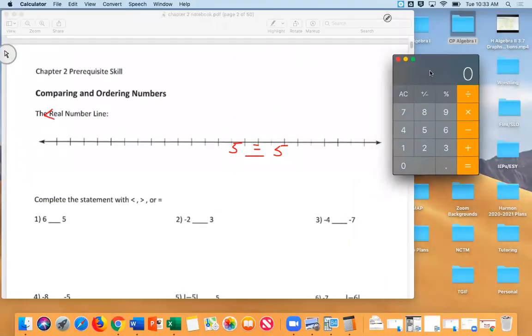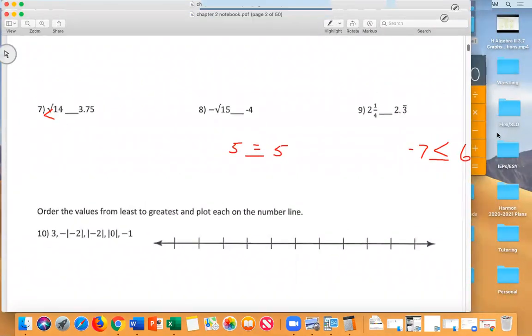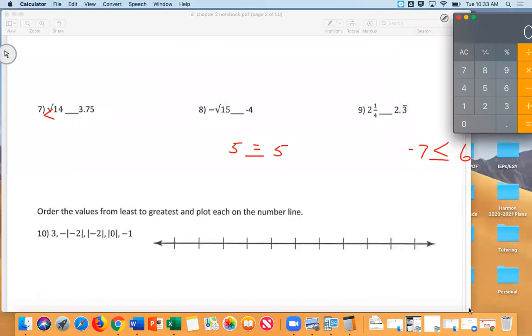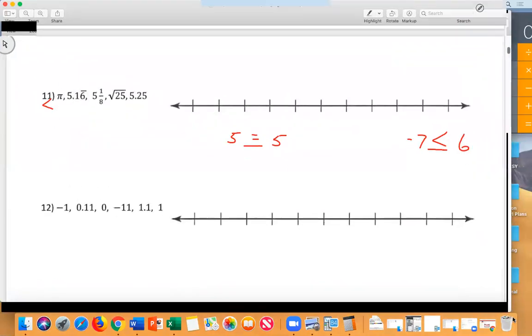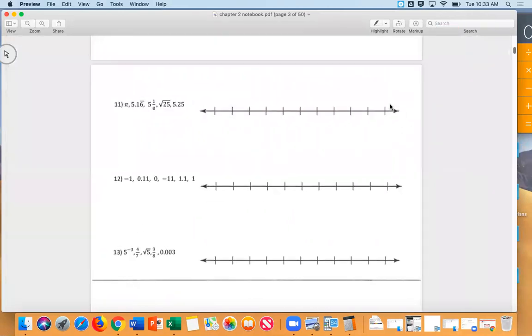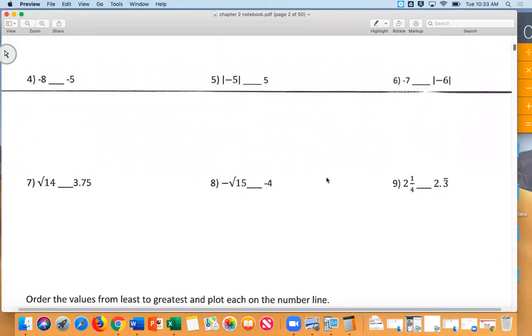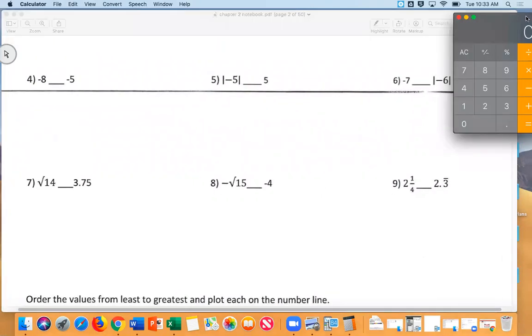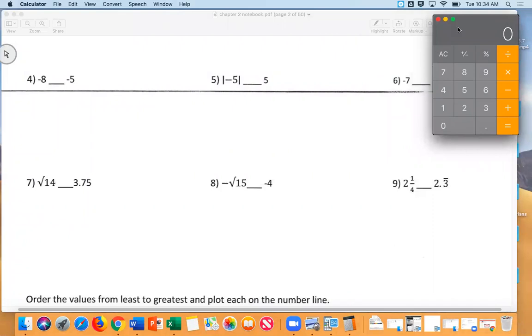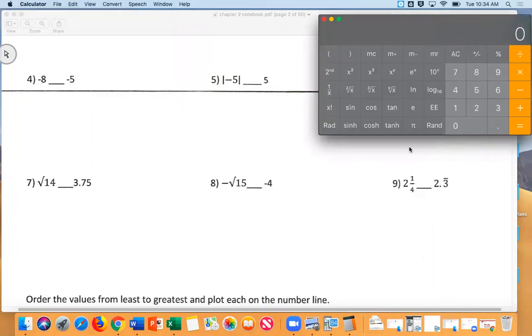All right, so let's look at this. There we go. So the square root of 14. We have our graphing calculator here, and I am going to view it as the scientific one, so it gives me all the buttons.